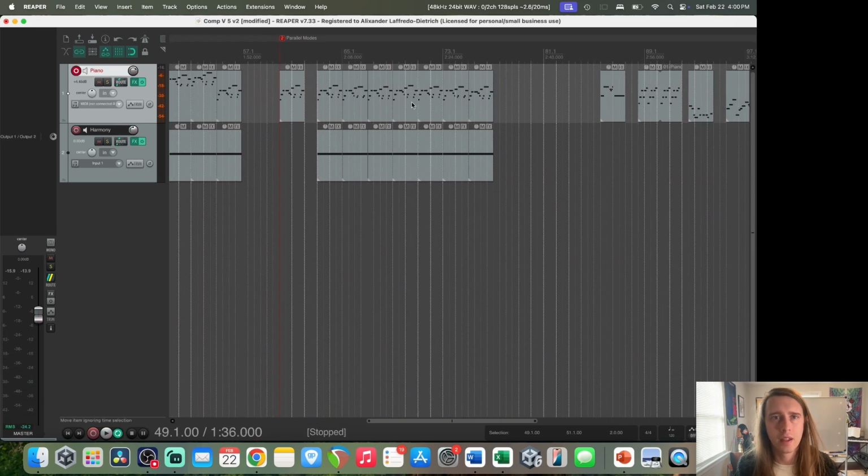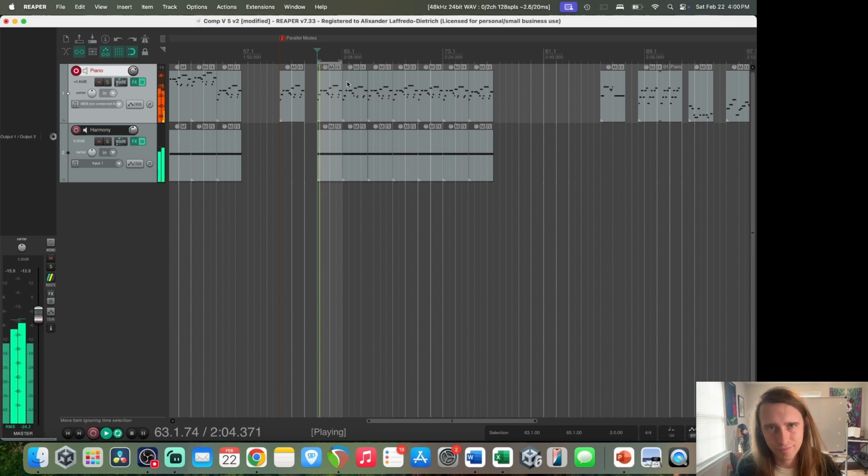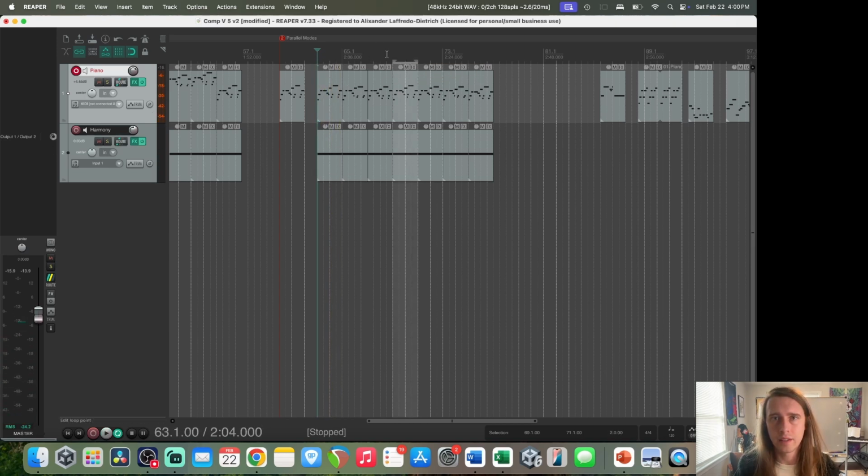Right? And actually, let's do it with parallel modes just so we can keep the tonic the same. So here's Ionian. And Lydian. And Mixolydian. Right? They all have a hint of happiness in them.